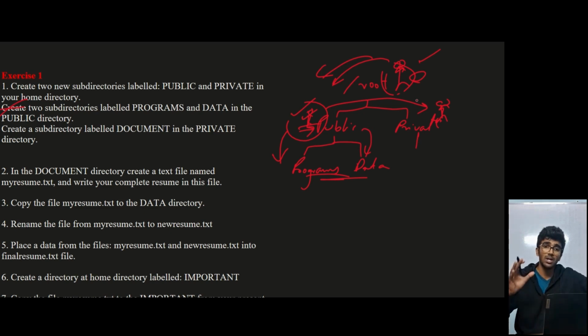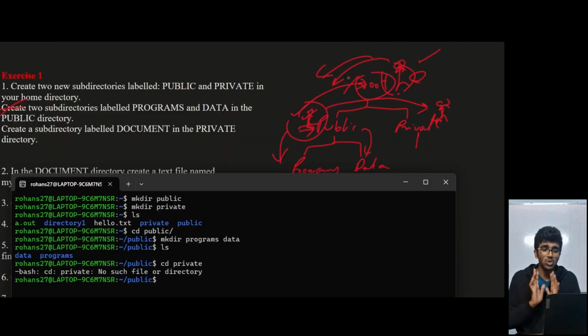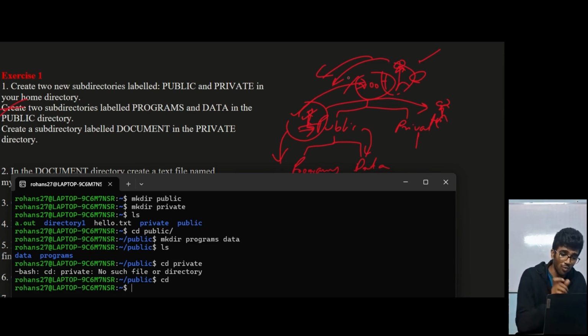To go from one directory to another, you have to go to the parent first, which means the home directory. To go to the home directory, just press cd and enter. This will take you to the home directory.